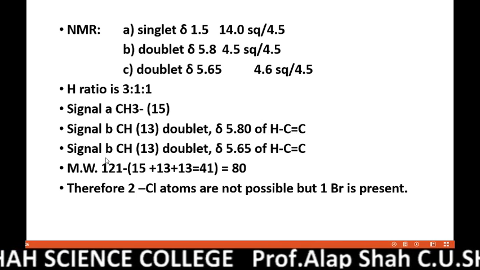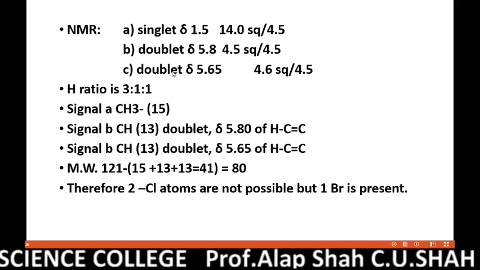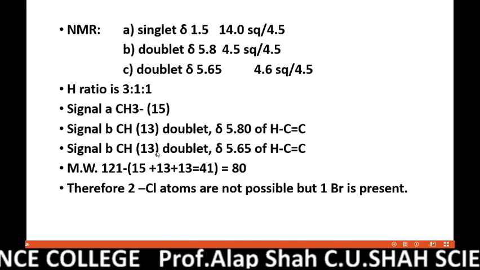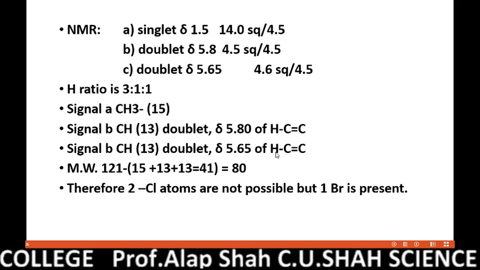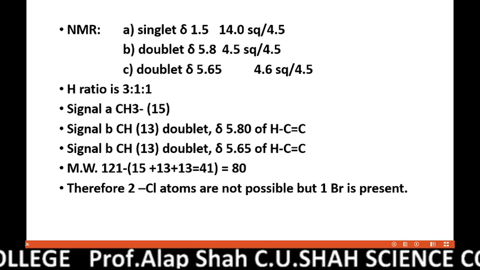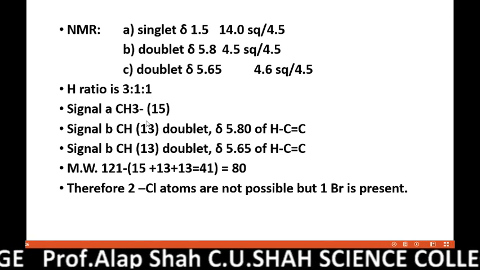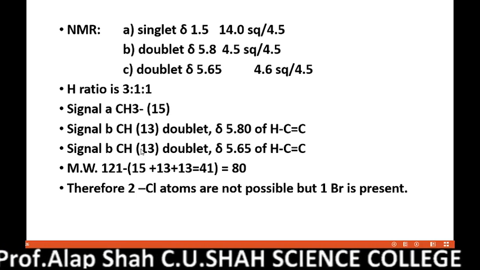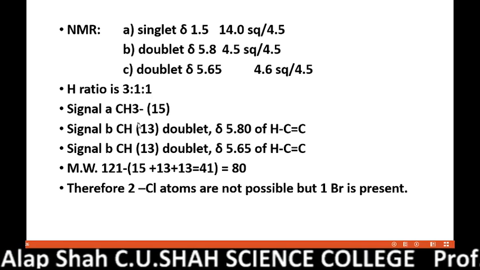Similarly signal C, by mistake it is written B, again one proton and doublet, so CH with one neighboring proton, 13 its weight, again 5.65 is the delta of a proton attached to a doubly bonded carbon. So we finalize three things: methyl, CH and CH, and these two CH must be attached to a doubly bonded carbon.